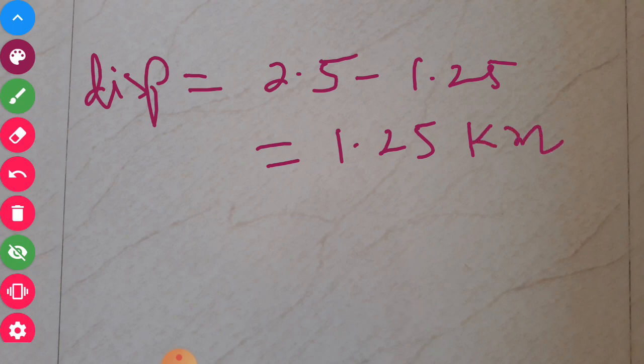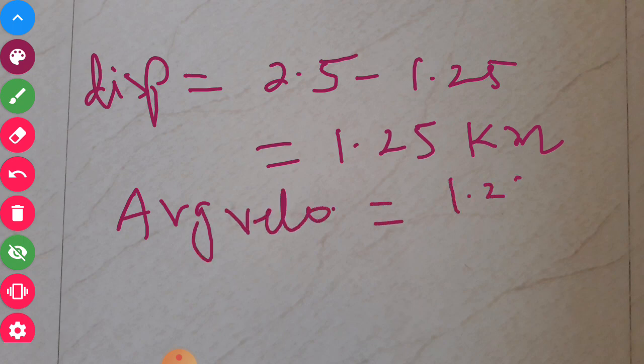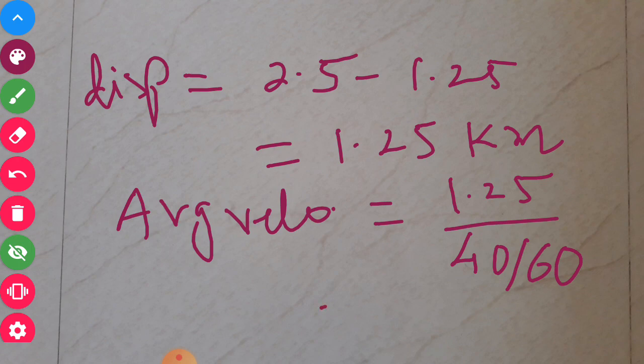Now average velocity is nothing but displacement, that is 1.25 kilometers, upon time interval 40 minutes, 40 by 60 converted into hours, so you will get 1.875 kilometers per hour.